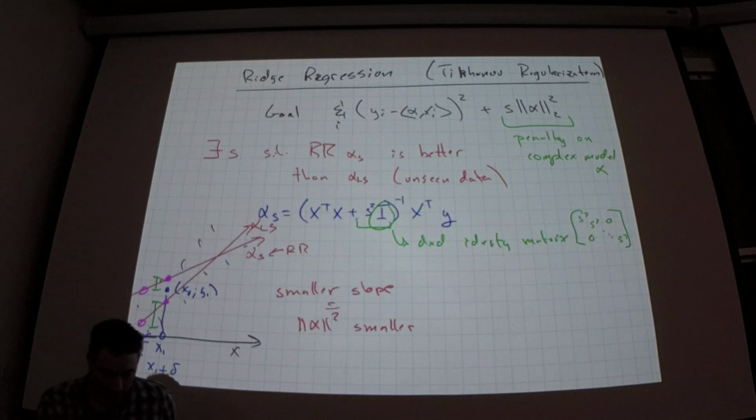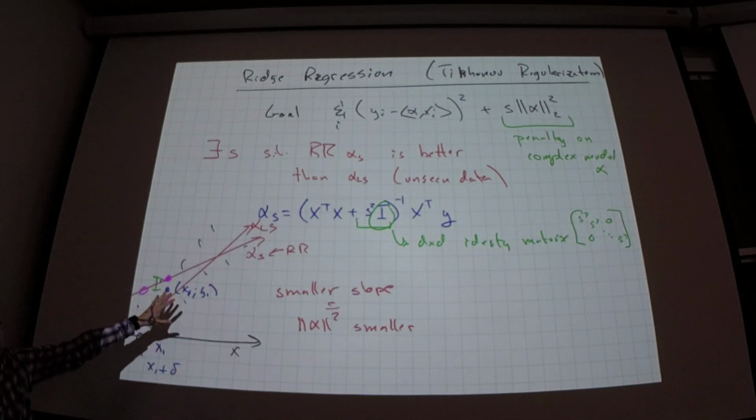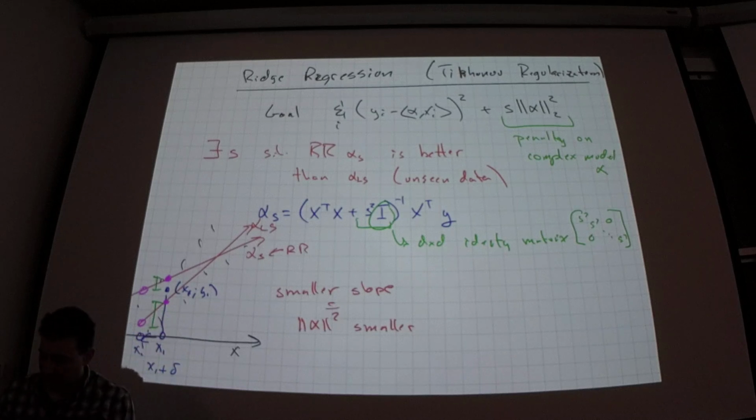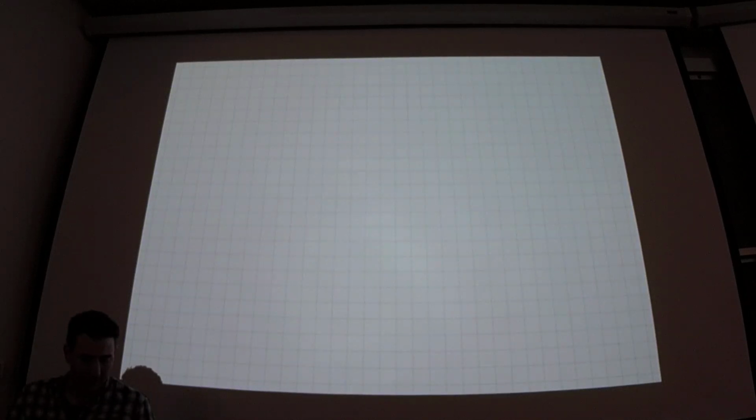So good. Okay, so we'll talk a little bit more about the structure of this in the lecture tomorrow. Maybe I'll have a chance to say one more structural thing, but I want to introduce another way to add regularization. And this one is called lasso.